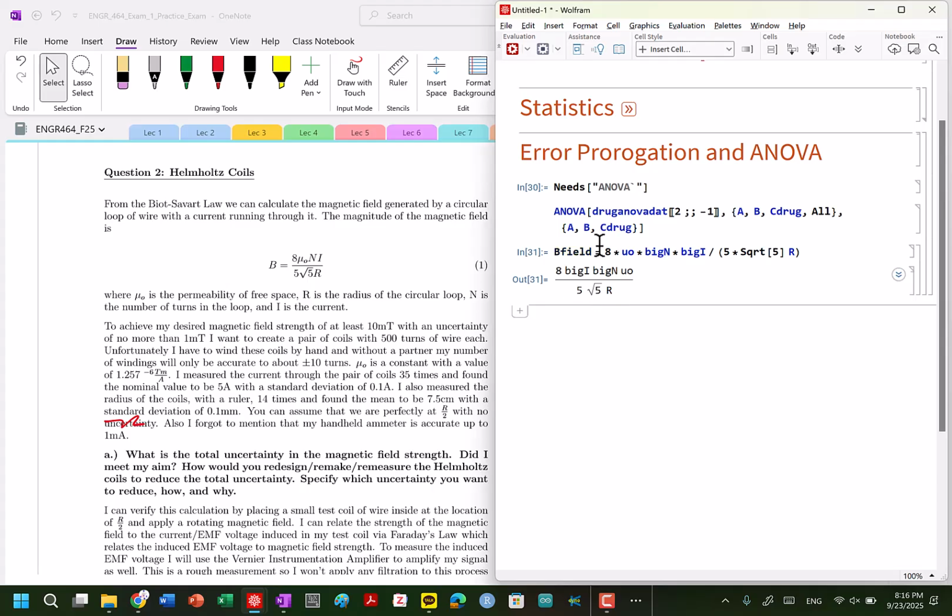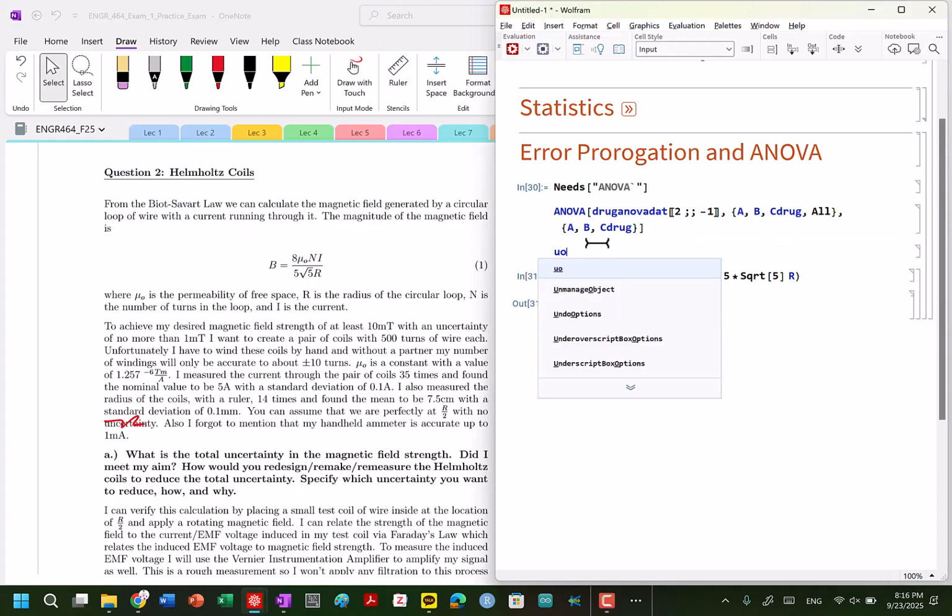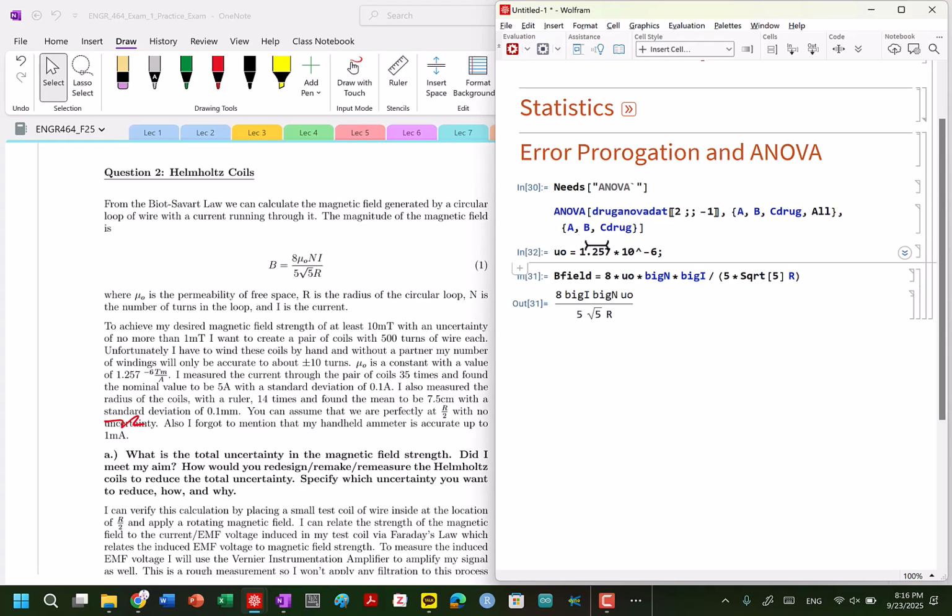And we also know that our mu naught is equal to 1.257 times 10 to the minus 6. So we've got this. We know that there's going to be some uncertainty, so I'm going to define it right now.